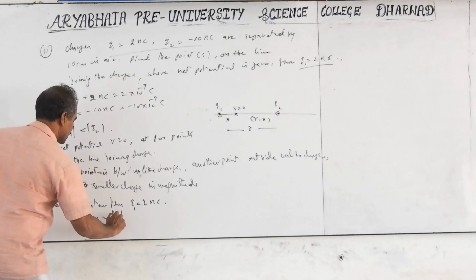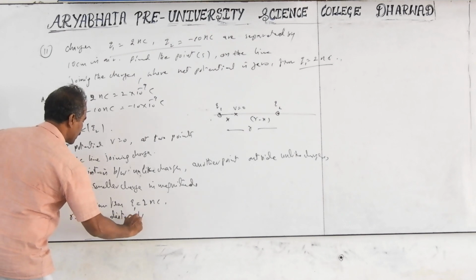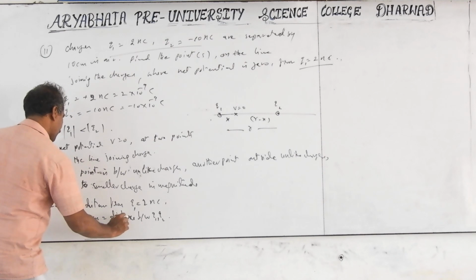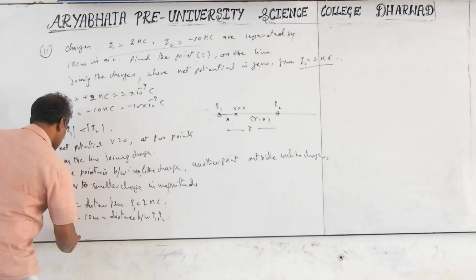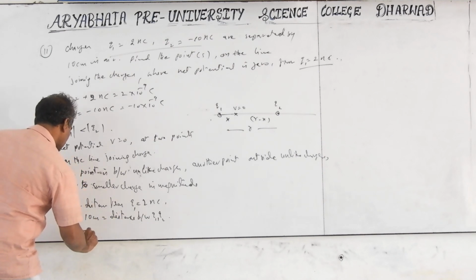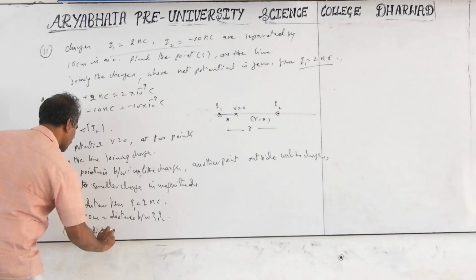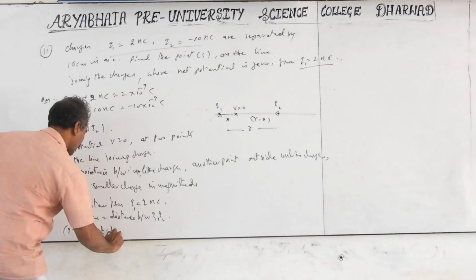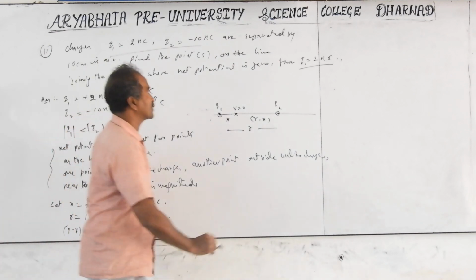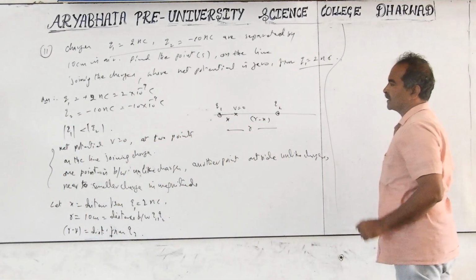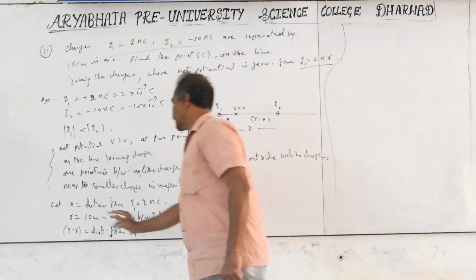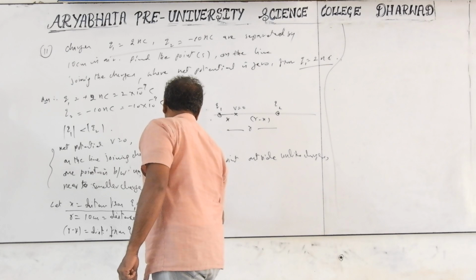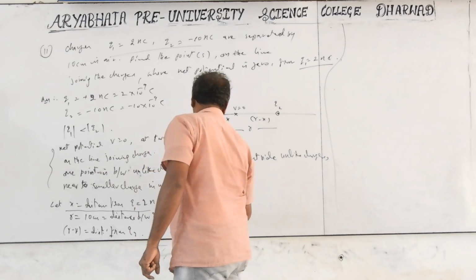R is the separation of the charges, the distance between Q1 and Q2. The other distance is r minus x, the distance from the other charge Q2. Let x be the distance from Q1, where V equals 0.